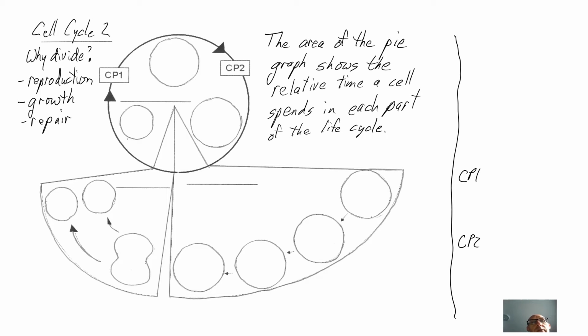You can see there's one very large wedge and 2 pretty small ones, and that represents a lot of time for one and very little for the other 2. First of all, I want to identify the names of the 3 big sections.